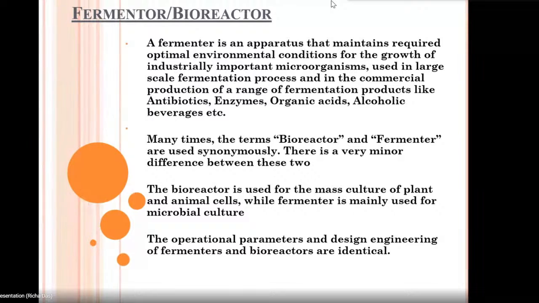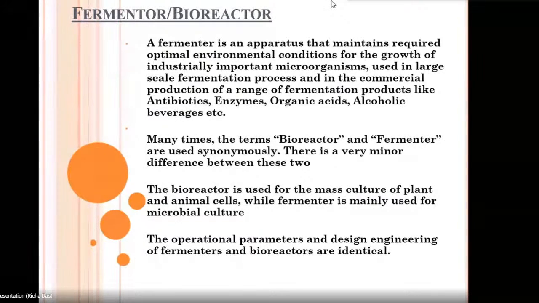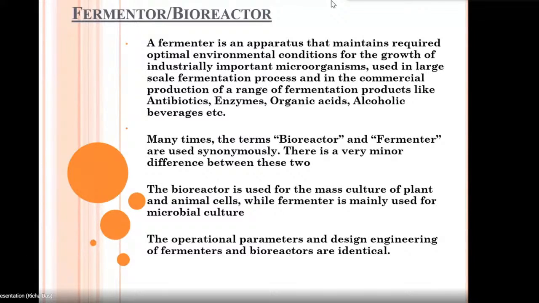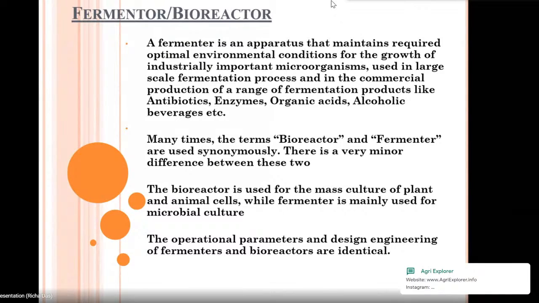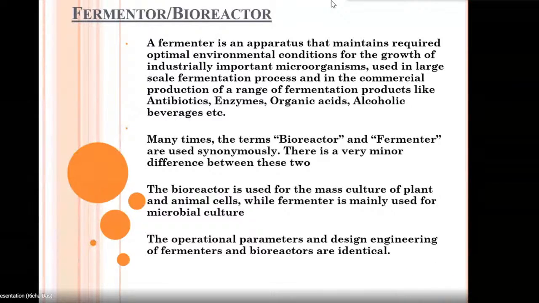Okay, now let us see why we require a fermenter. As I said, we are using microorganisms in the process of fermentation, and we have to provide all the optimum conditions to the microorganism, because then only it will be able to synthesize our desired product. Those optimum environmental conditions can be maintained inside this apparatus, that is your fermenter.